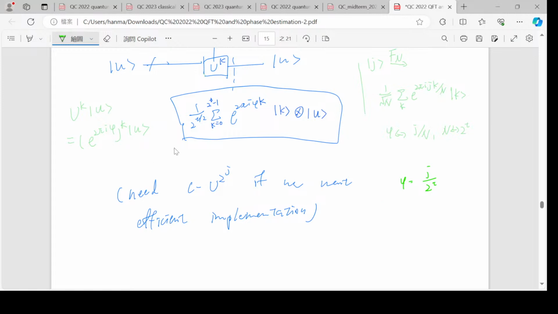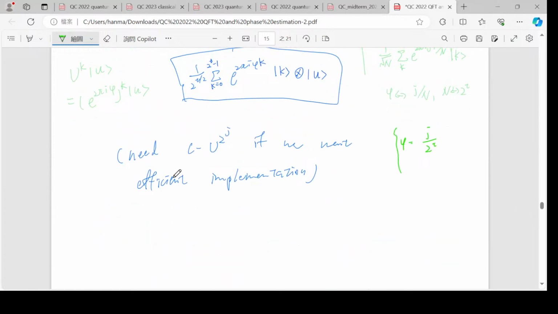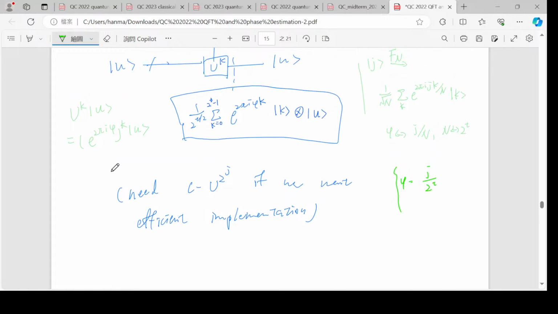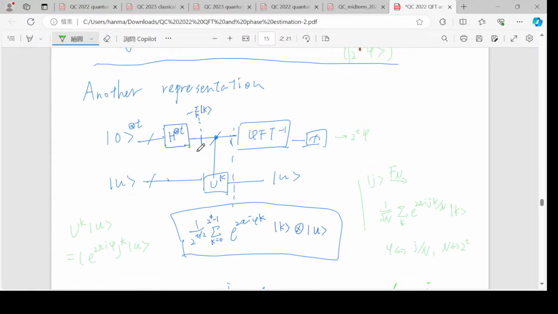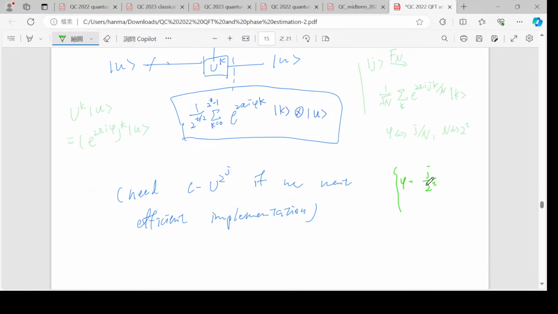Later, we will skip that, but the later part of this PDF has some detailed calculation to show that if your phi is not exactly a binary fraction, then you can still run this circuit to get a pretty good estimation of phi. You just need to run a little more of this.